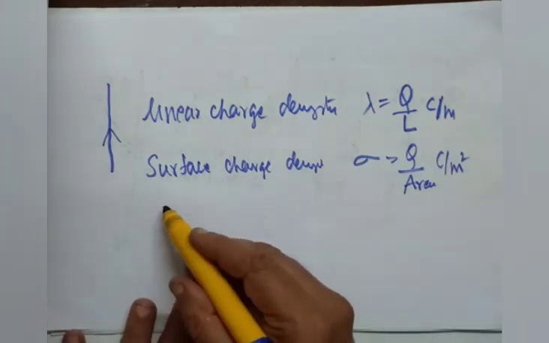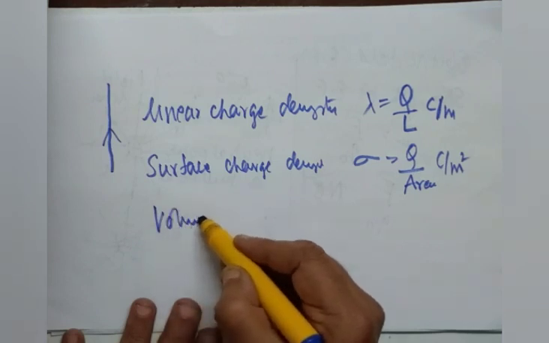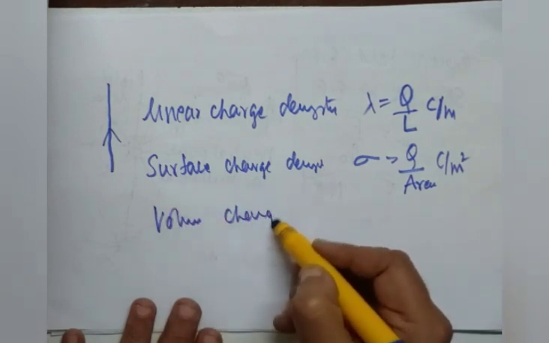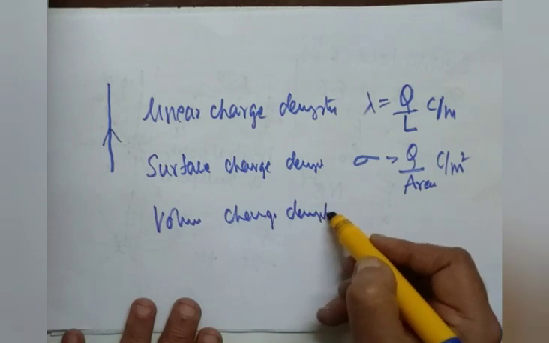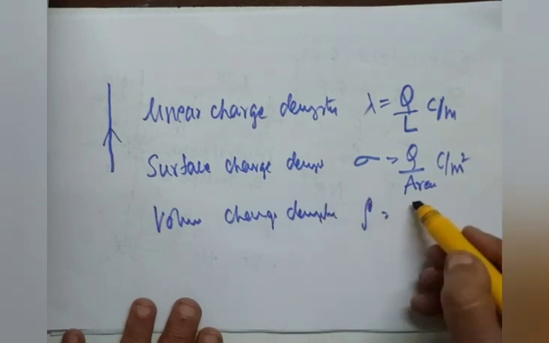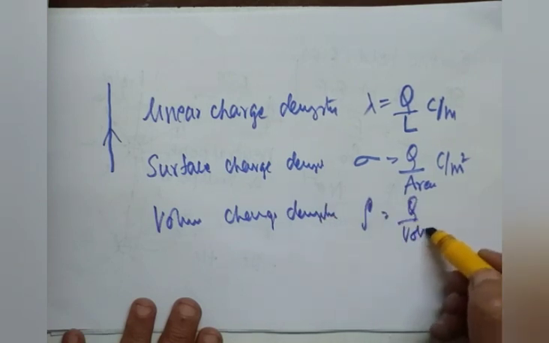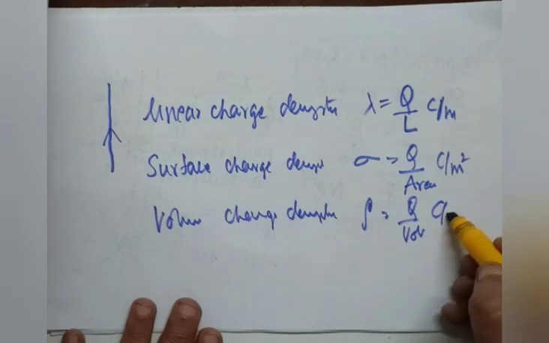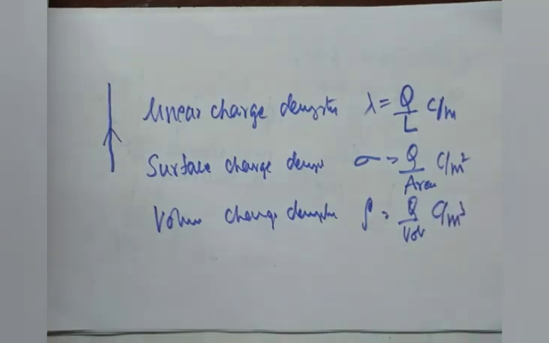And going over to the next one, volume charge density, usually denoted by rho, is Q by volume, and coulomb per meter cube is the unit.